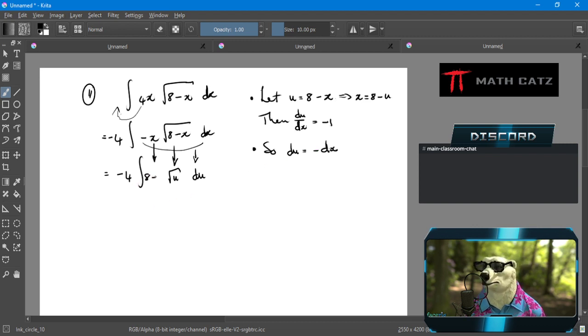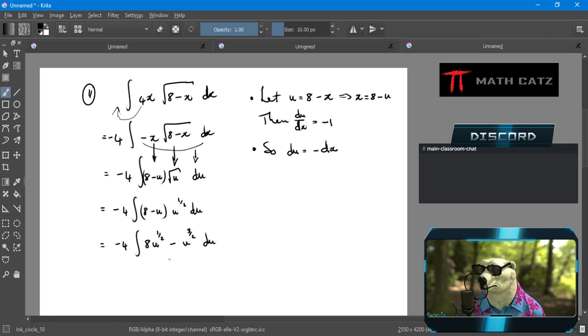So that becomes 8 minus u. I have to write everything in u. Now, if I write this as u to the 1/2, I can multiply the u to the 1/2 in to get 8u to the 1/2 minus u to the 3/2.